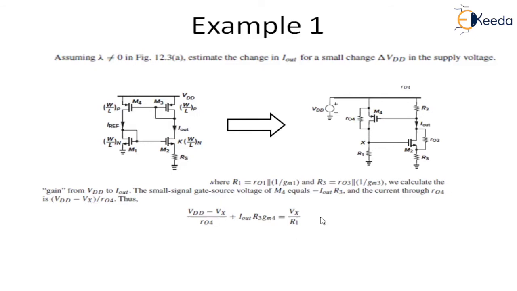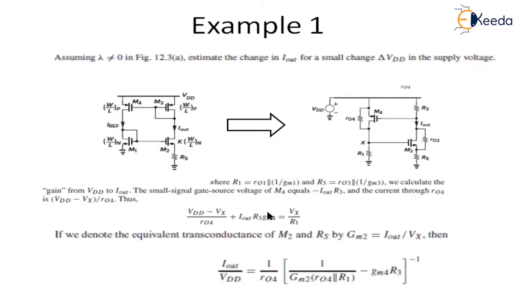Thus, applying a simple KCL across this loop, we get (VDD minus Vx) upon RO4, the current through this branch, plus I out R3 GM4, equals Vx upon R1. So this is a simple KCL equation.